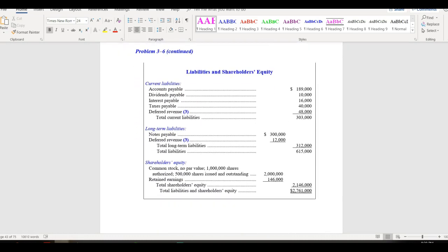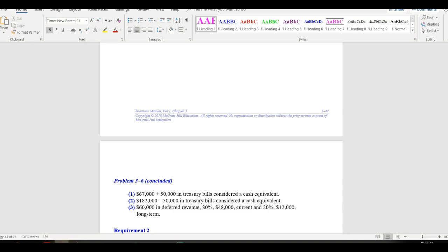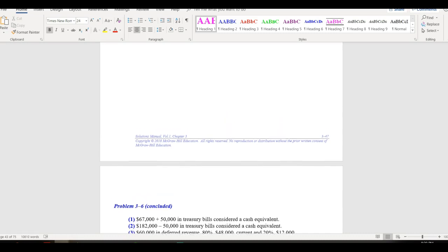Now our accounts payable, part of our current liabilities, we'd show our accounts payable of $189,000, dividends payable of $10,000, interest payable of $16,000, taxes payable of $40,000, and then deferred revenue, the $48,000 down here, $60,000 in deferred revenue, 80% or $48,000 is current, and 20% or $12,000 would be long-term.